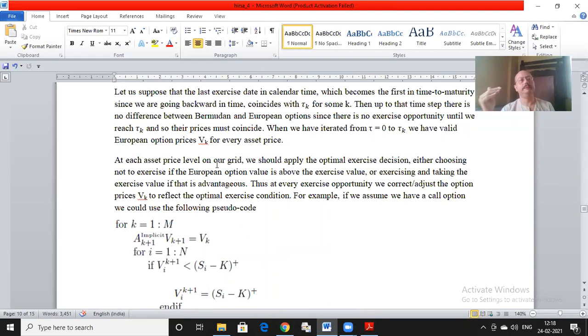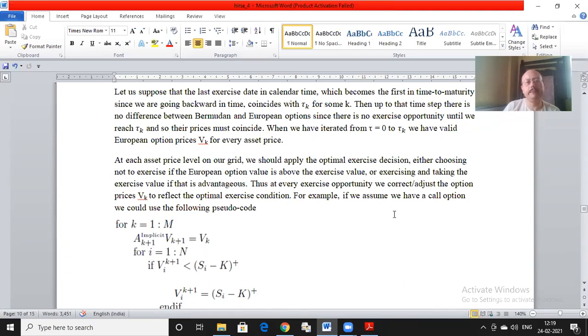So basically, what we check is whether my price level at tau k is above or below that optimal exercise boundary, XM star. So I can either choose not to exercise if the option value is better than current exercising. Otherwise, I will exercise and take that value. And that value is exactly known at that point.